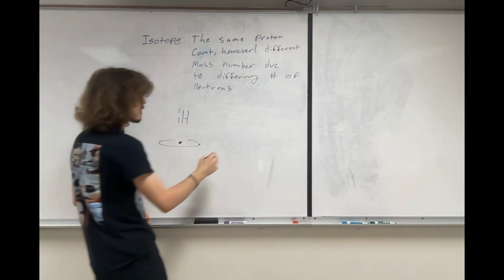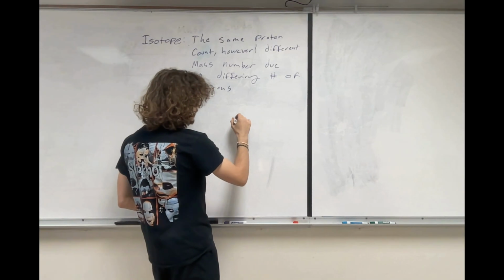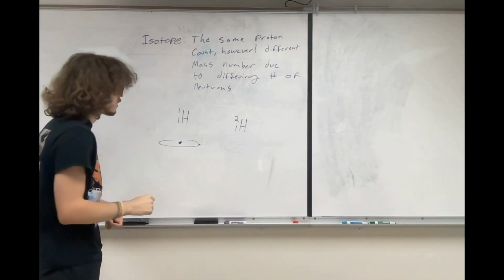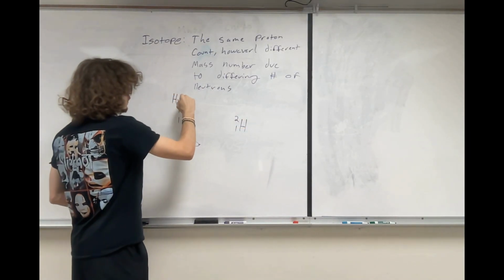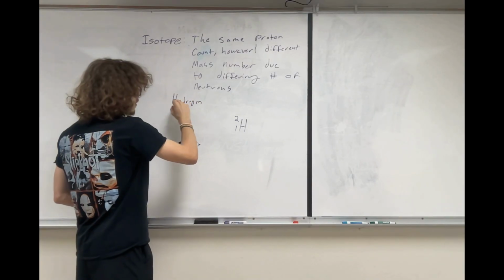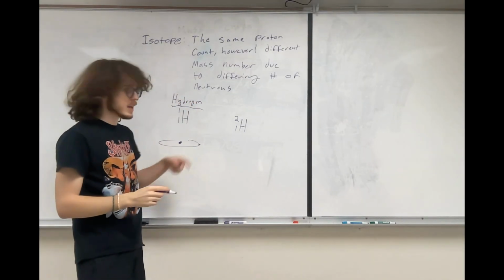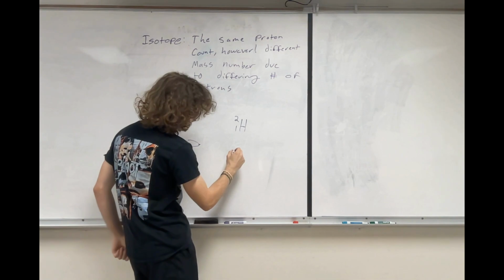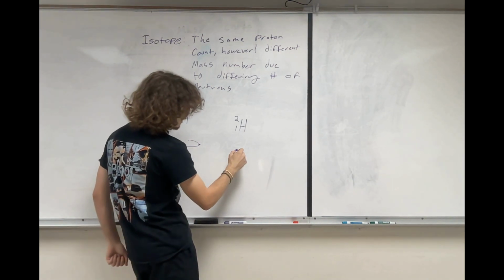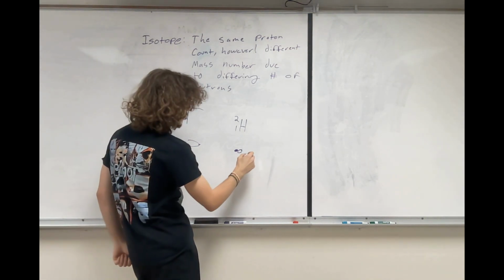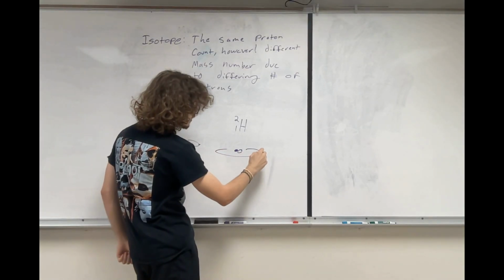All right, but what about this other element I could draw? Maybe I could raise the mass number to 2. So this is hydrogen. But we actually give this guy a special name. What he looks like is he has a proton, but then he adds a neutron, okay? And the electron count stays the same.